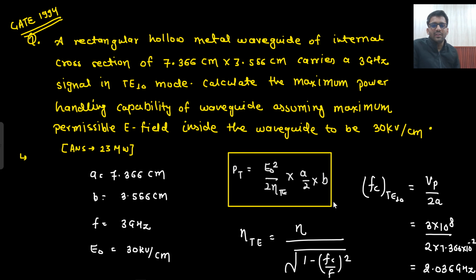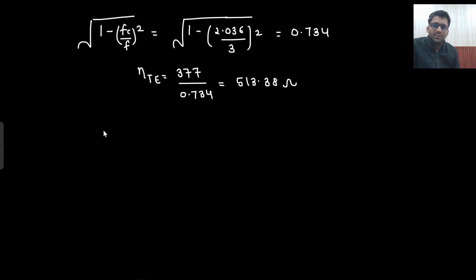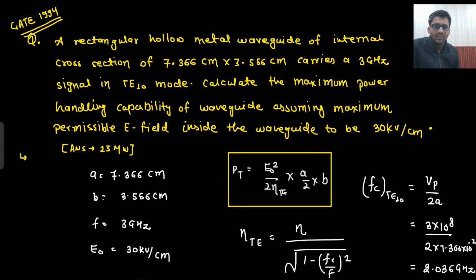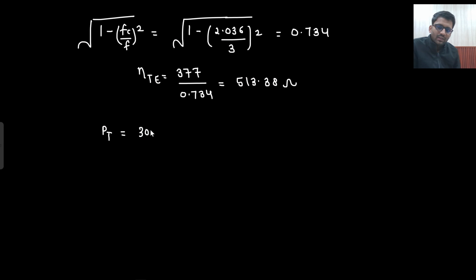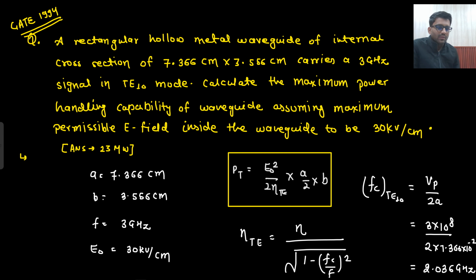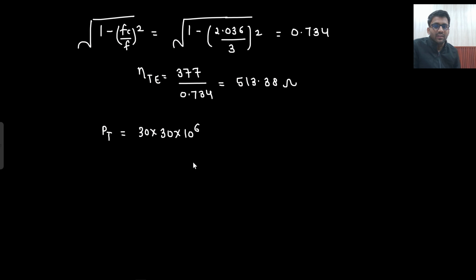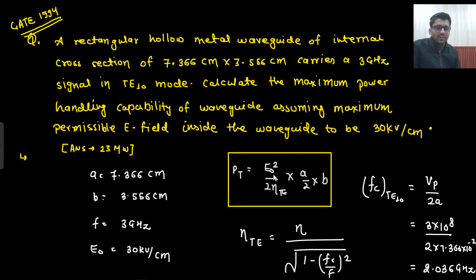E naught value is given, all other values are given. So now I need to find P total. So what is my E naught square? That is 30 into 30 into 10 to the power 6. Divided by centimeter is there. So that means A and B value also I will put in centimeter only, so divided by centimeter square will be there. So the unit you need to take care.